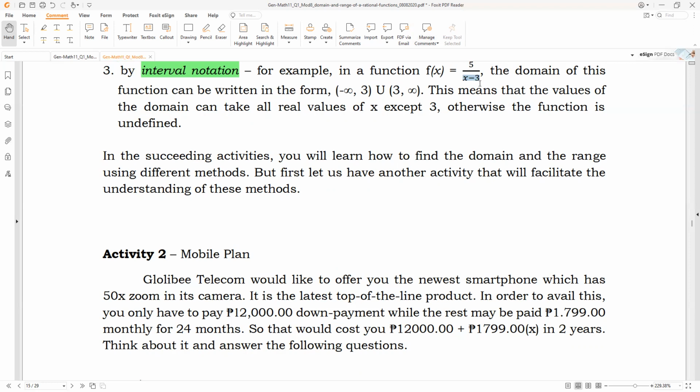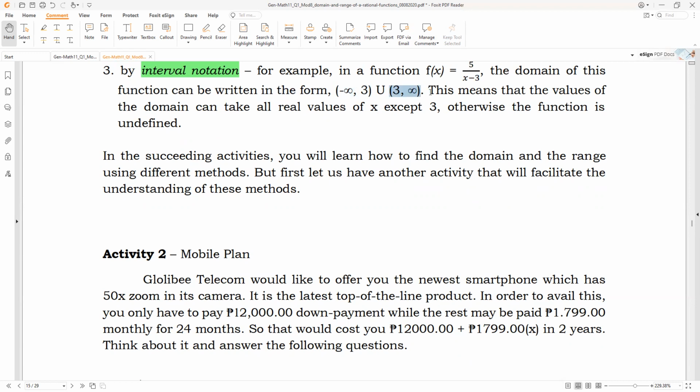Based on the definition of rational functions, we do not include the x values that return undefined, in this case where the denominator is 0. So the domain of this function can be written as between negative infinity and 3, or 3 to infinity.